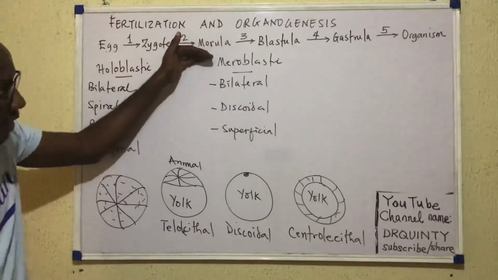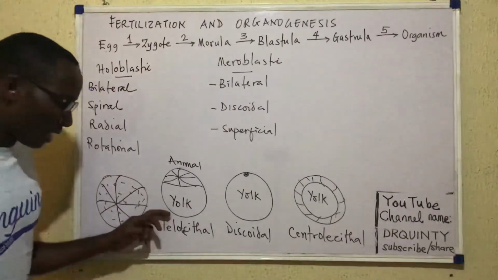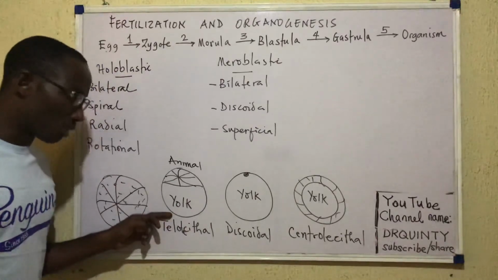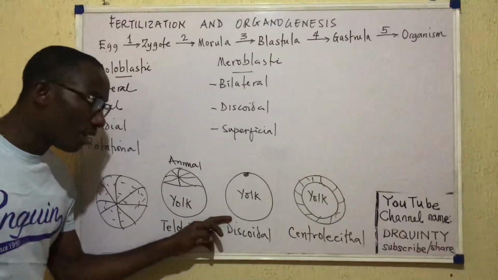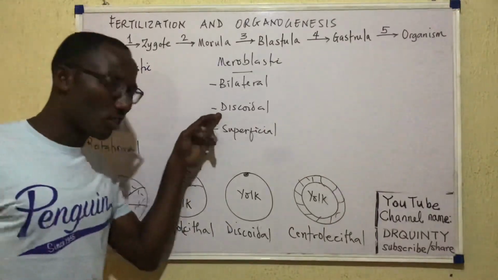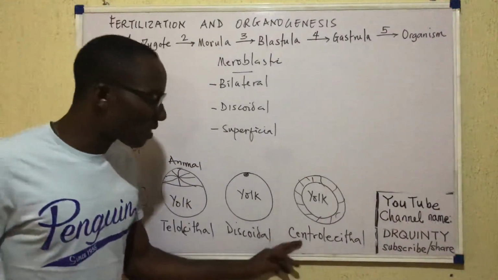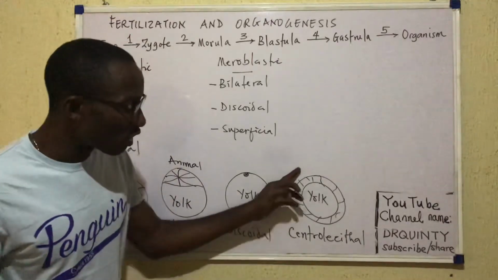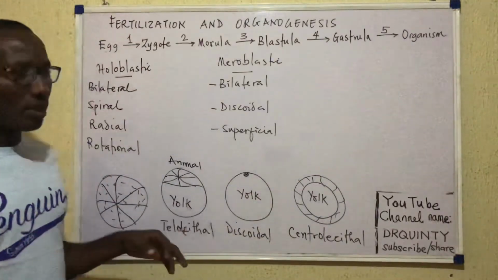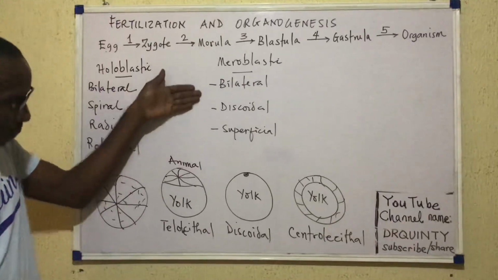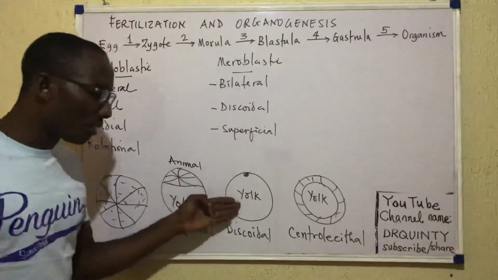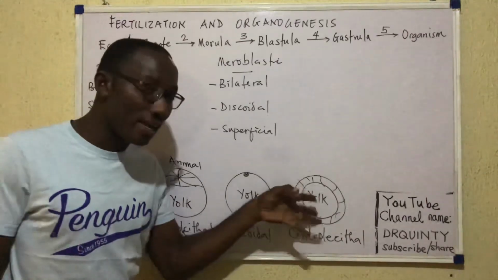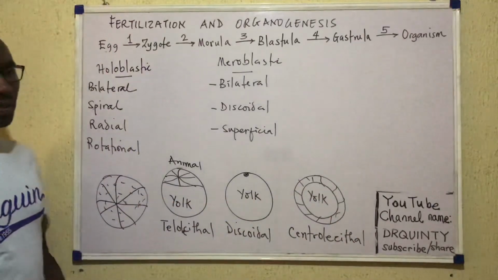But which pattern of meroblastic? For telolecytal eggs, you expect a bilateral pattern. For discoidal eggs, you expect a discoidal pattern. Whereas for centrolecytal eggs, you expect a superficial pattern. So these are the three patterns of meroblastic cleavage, and they apply to the three types of eggs that are macrolecytal.